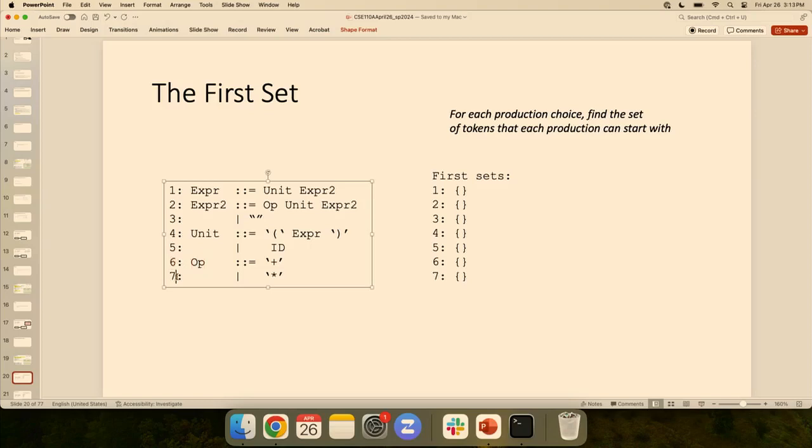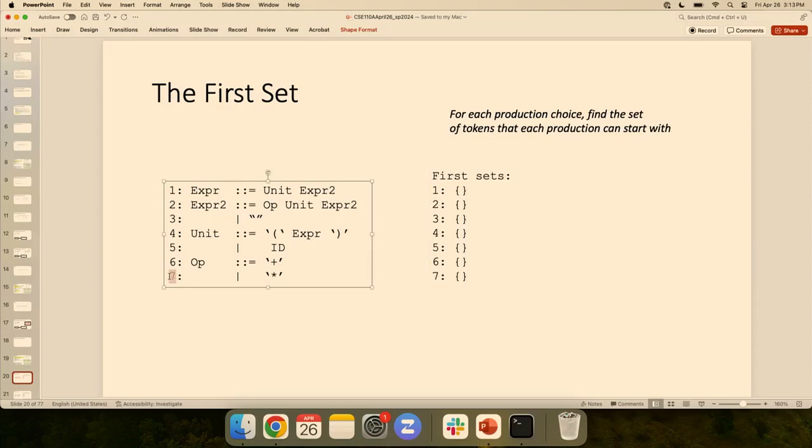We can pick 6 or 7, because op can be 6 or 7. What we know is, depending on the token that we are currently looking at, if the token we are currently looking at is a multiplication, then we want to pick rule number 7. So the first set essentially says, for each rule, what is the first terminal that you are going to have to see if you make this choice? Or what is the set of the first terminals you are going to have to see if you make this choice?